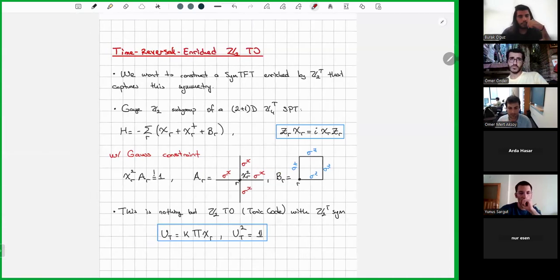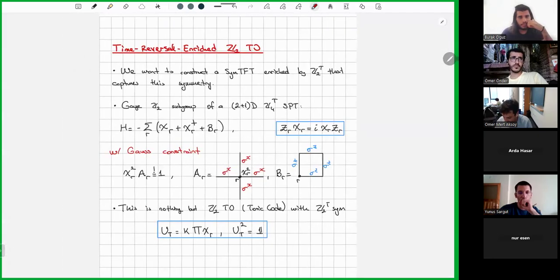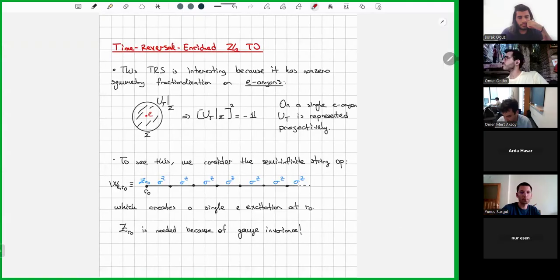That's the case in toric code. But I want to impose the Gauss law strictly. That means that I need to make this gauge invariant. And the way to make it gauge invariant is that at the end of the string, I put a Z operator. So now this commutes with the Gauss law, but it doesn't commute with the Hamiltonian. It still creates an excitation in the Hamiltonian, but it is gauge invariant.